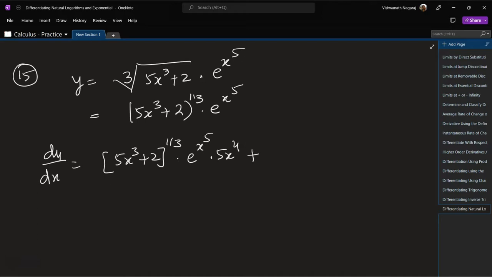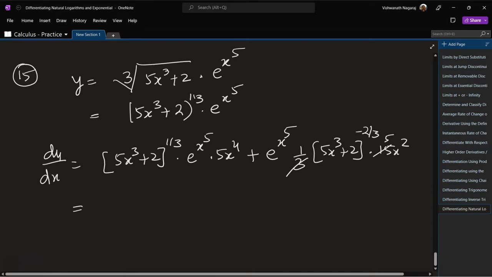Now the second term as it is and the derivative of the first, which gives us 1 by 3 times 5x cube plus 2 to the power of 1 by 3 minus 1, so minus 2 by 3, and then the 15x square. So 3 5 is 15. So we are left with what?